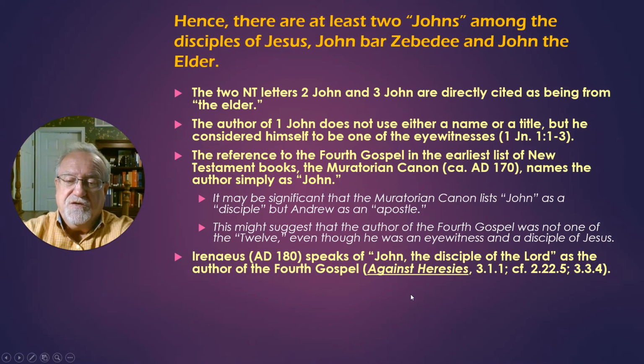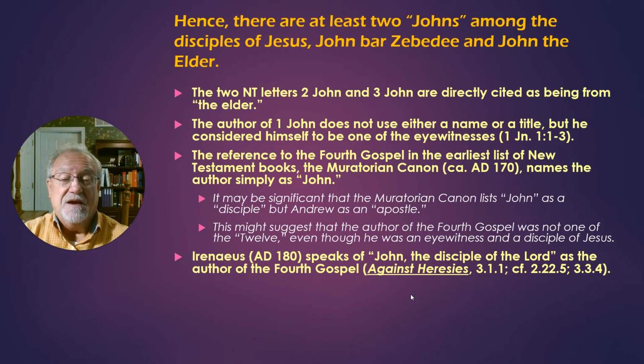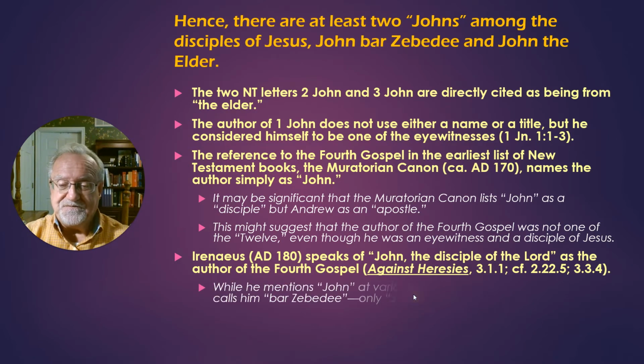By the time we get to the writings of Irenaeus in AD 180, he is also going to speak of John, the disciple of the Lord, as the author of the fourth gospel. But again, it may be significant that he does not use the word apostle. Is that simply incidental or is that significant? Scholars debate that.